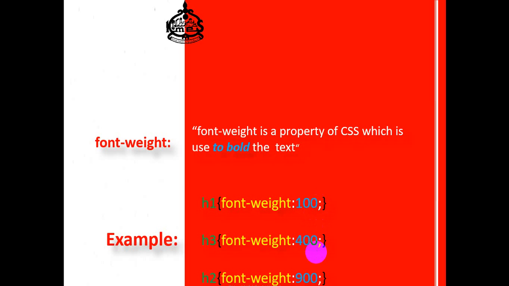Now let's have a look at how these properties work in HTML, how we create a simple HTML page, and then we will assign these properties using CSS. So we are going to start our notepad. In that notepad we will create a simple HTML page, then apply our CSS.